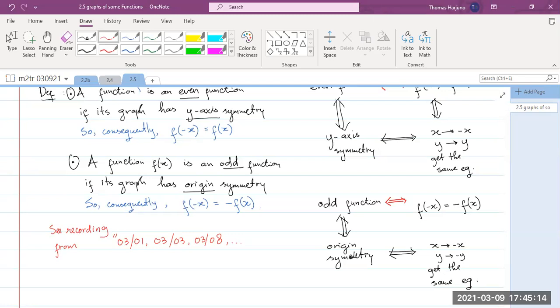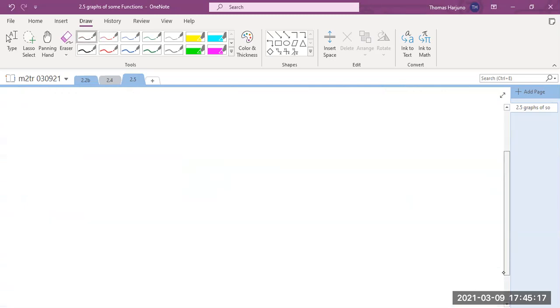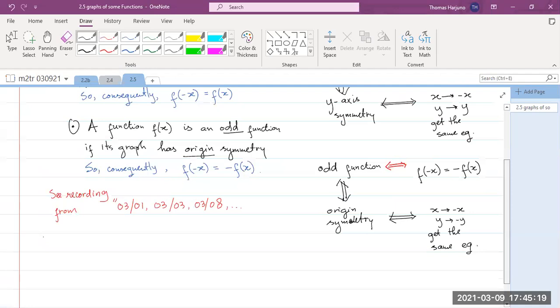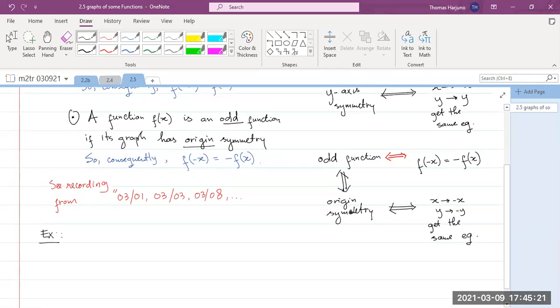Okay, let's do one example then. For example, is f(x) equals x cubed minus 1 over x an even or odd function?